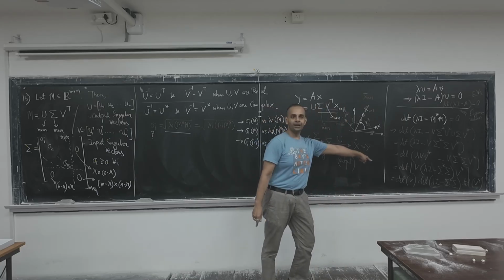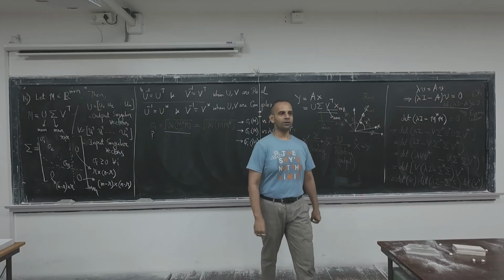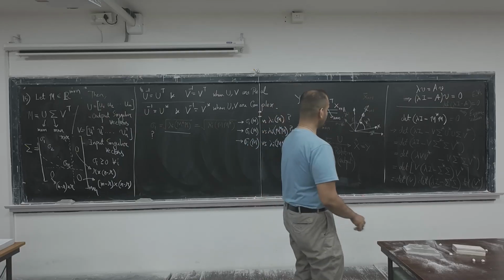Just a few minutes back, we learned that formula. The determinant of a product of a few matrices is the product of the individual determinants, right?